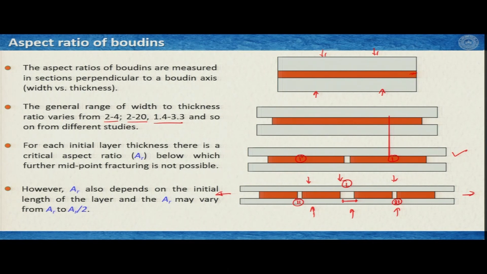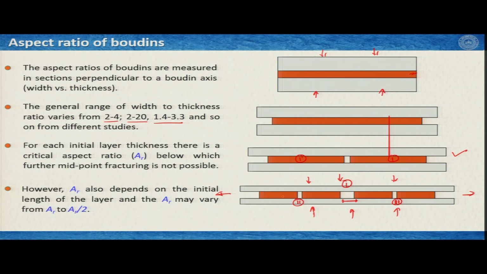Now, the stress within a competent fragment increases with increasing width, that means the length at a right angle to the boudin axis, and decreases with increasing thickness. This means, very interestingly, that it becomes increasingly difficult for a competent layer to fracture when the boudin width becomes shorter.